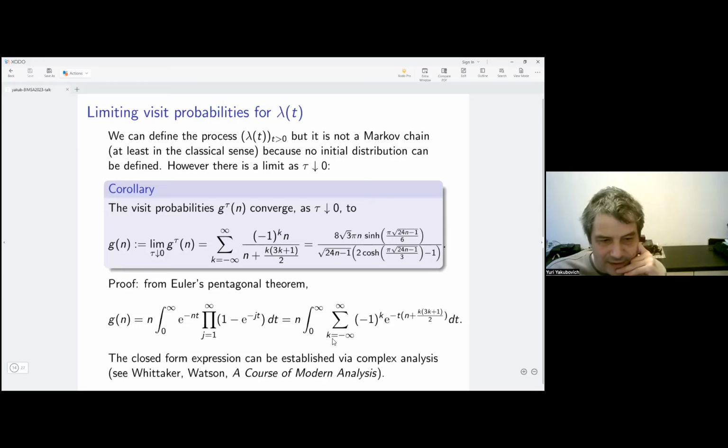So it is written as a sum from minus infinity to plus infinity, but here the dependence on k is quadratic, so this is always positive.